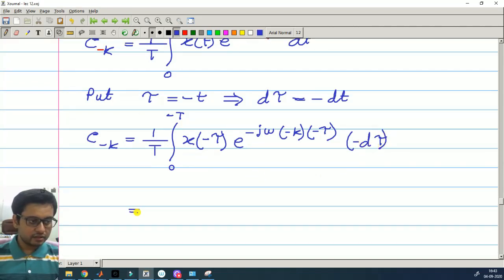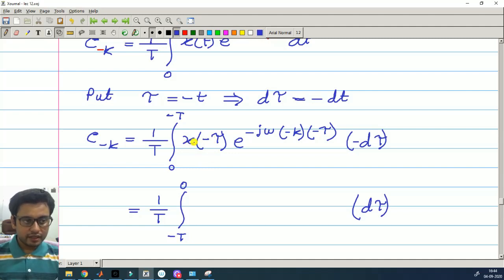Now then 1 over T. Here we have a minus sign. Using this minus sign we can change the limits. We can make it from minus T to 0, and we will make this as plus d tau. Here x(-tau) is the same as x(tau) because x is an even function.